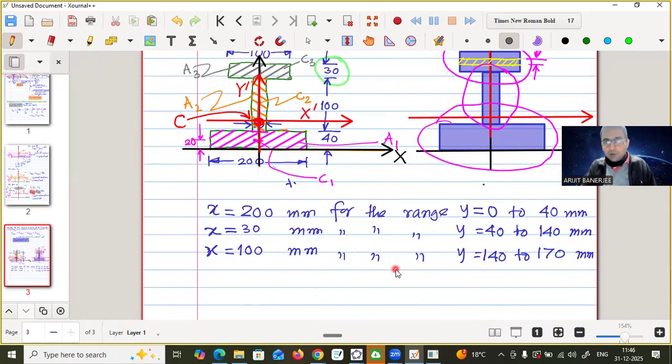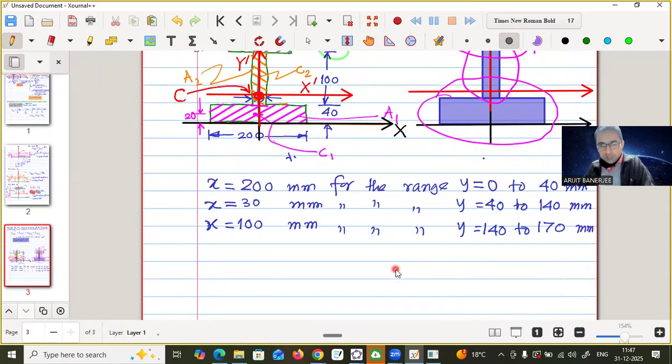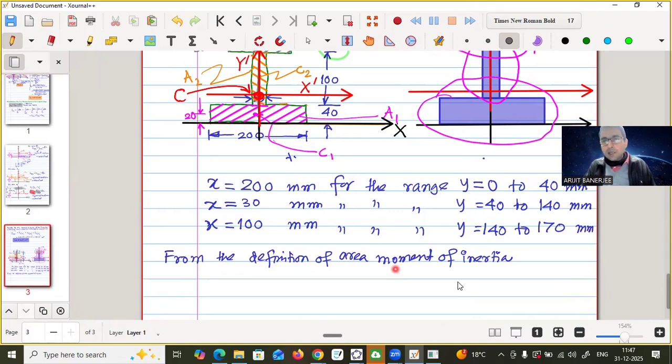So I will now write the definition of the moment of inertia instead of the parallel axis theorem. From the definition of area moment of inertia, to be precise, we will now determine directly about the x prime axis.